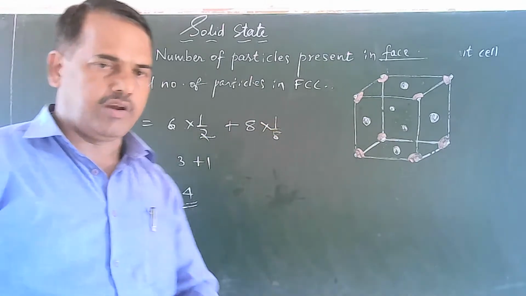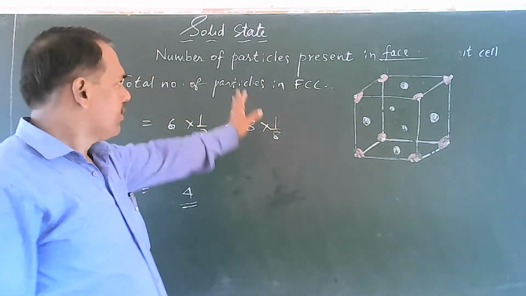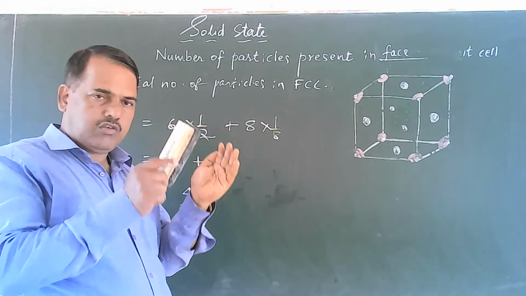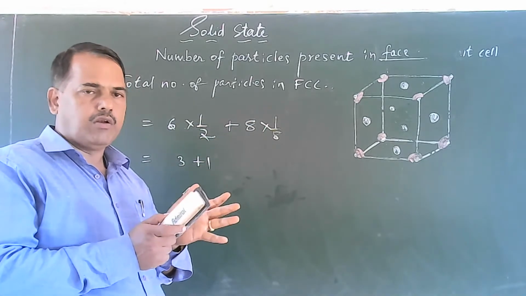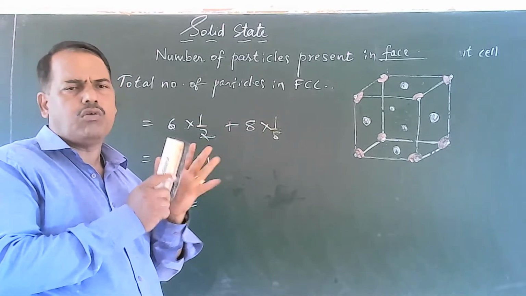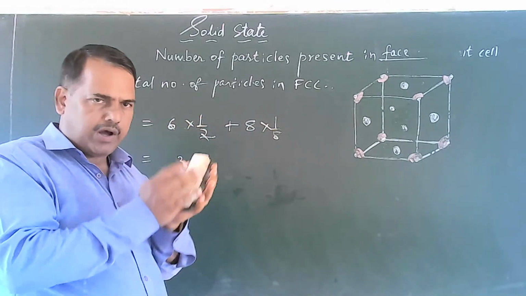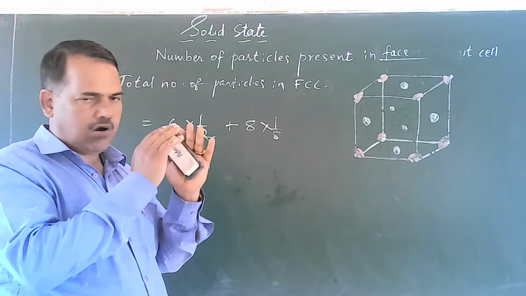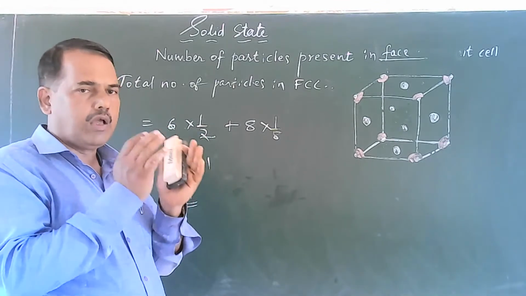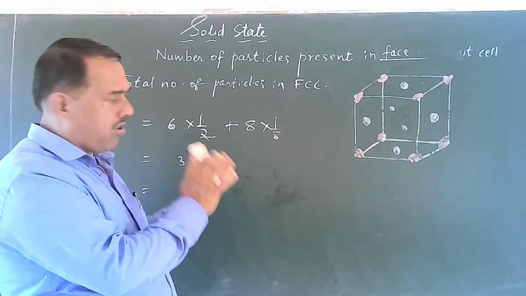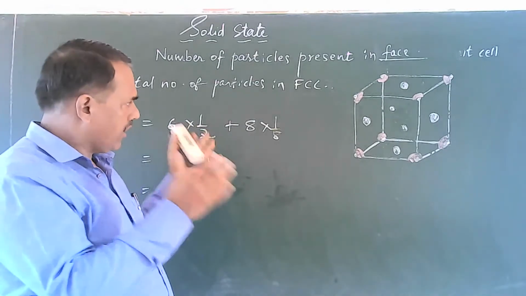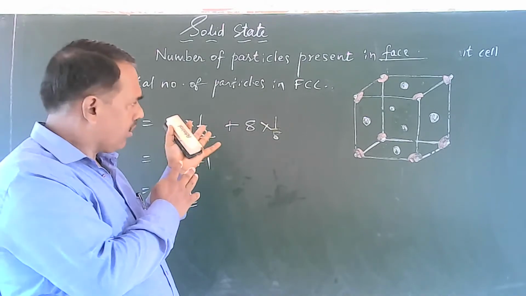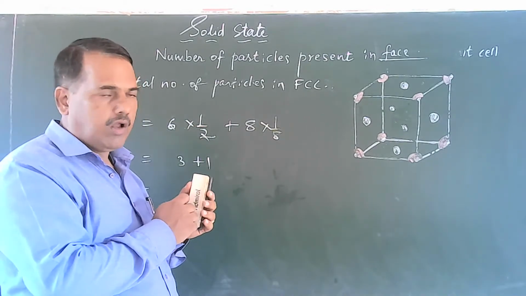Okay, we shall continue our discussion on the solid state. What is the space we can find? There is no space, only very small space. Assume all the particles are spherical in shape, hard spheres, and they arrange in a well-ordered way, giving different types of geometries and different unit cells, which we studied.